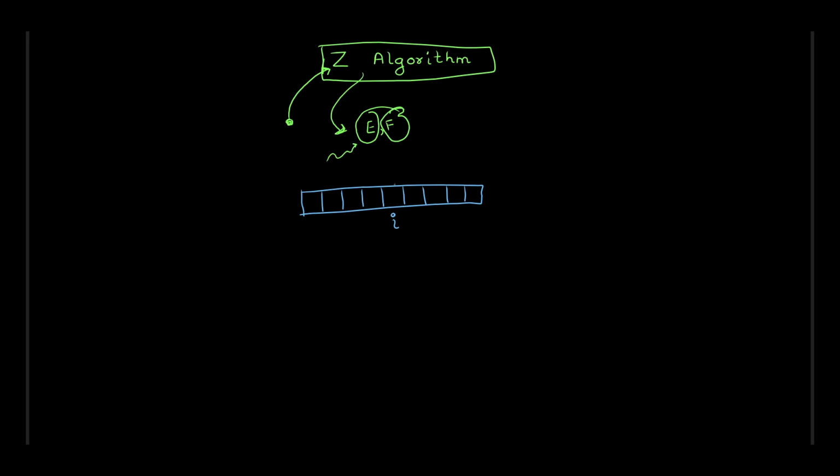Longest prefix starting at this index that is also a prefix of the original string. That is, if these three values match the values over here, let's say it is ABC, and here also ABC is written, it means Z of I is equal to 3.